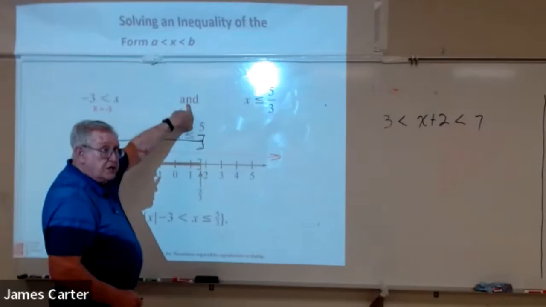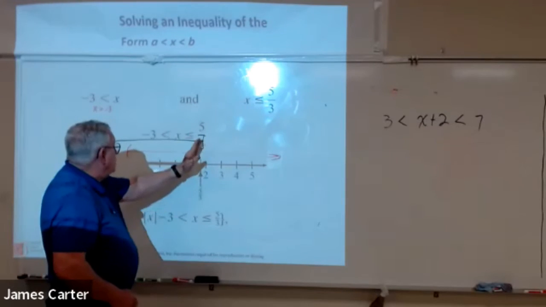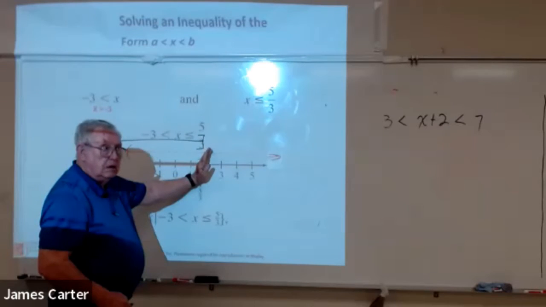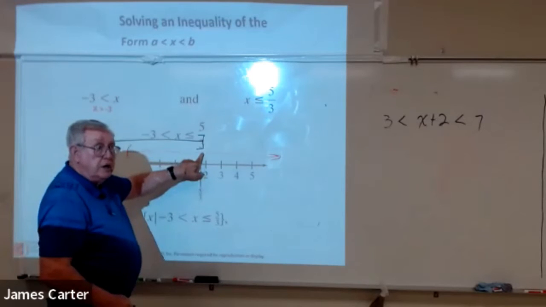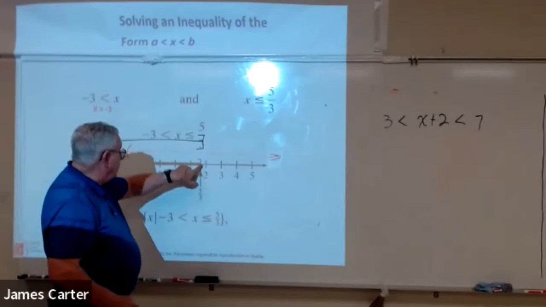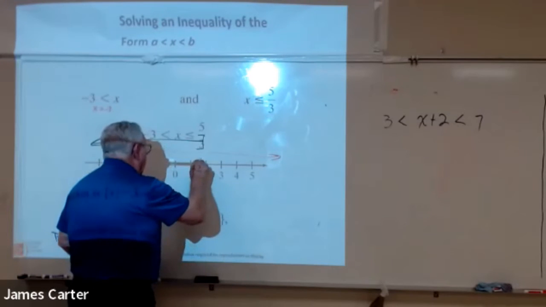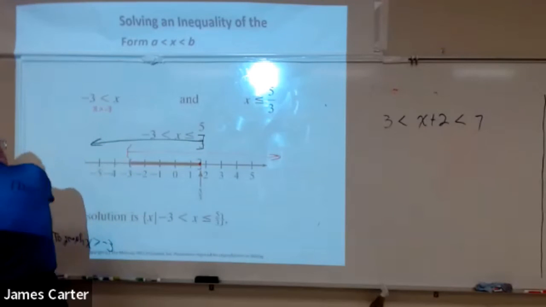This word right here says only the inclusive shared part. So this graph stops right here, although the 5/3 is actually included as a point on this line right here. You see, this one says we got points forever that way.